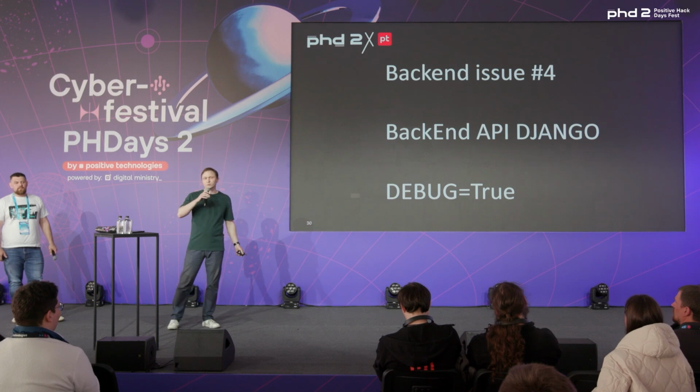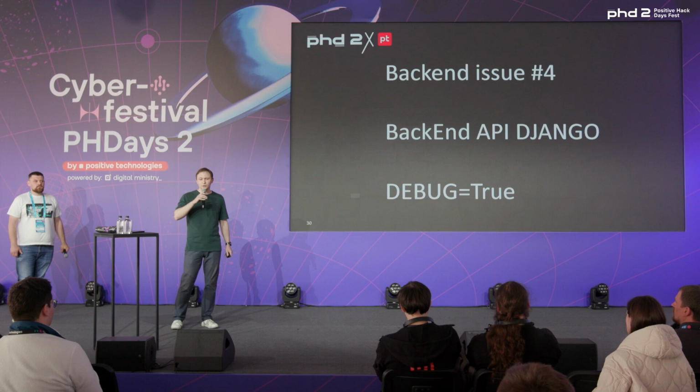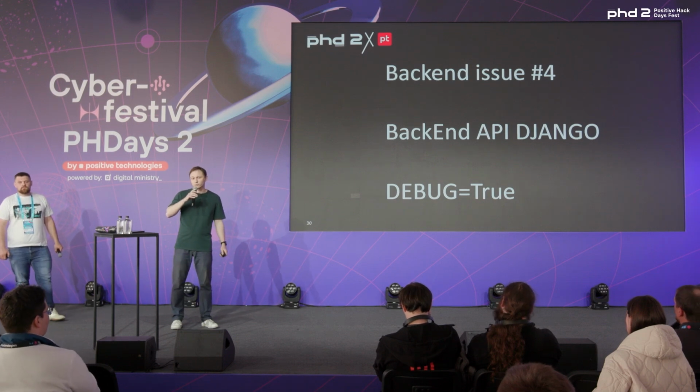In this case, we found the endpoint, we tried to interact with it by hand, and it returned an error to us, and this error had a lot of debugging information. Why so? Because the developers used the Django framework for their backend, and they didn't care about switching off the debug at the backend level.